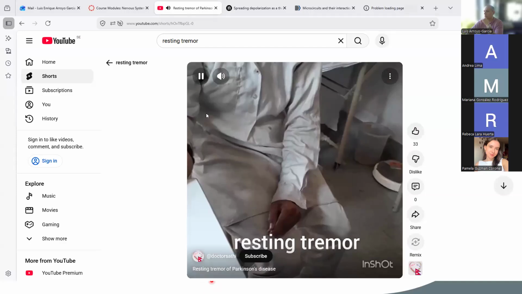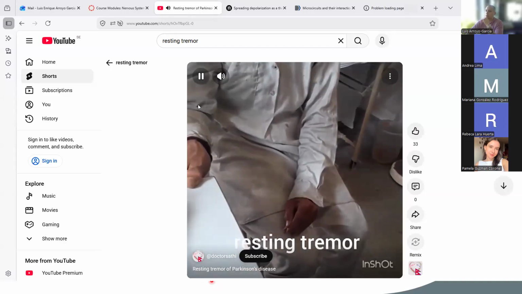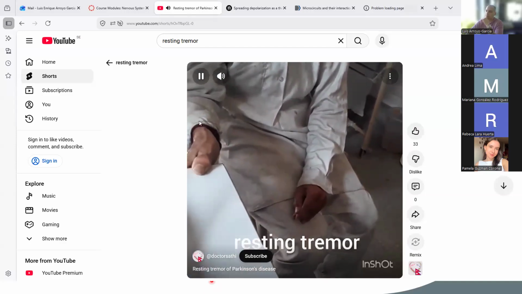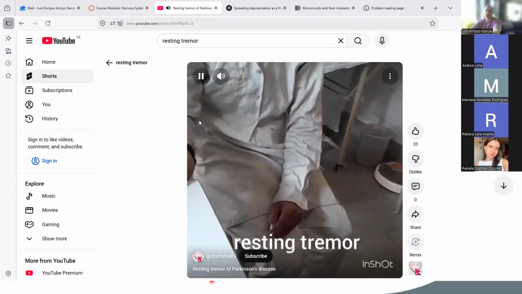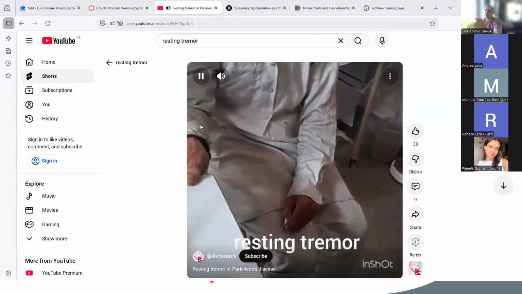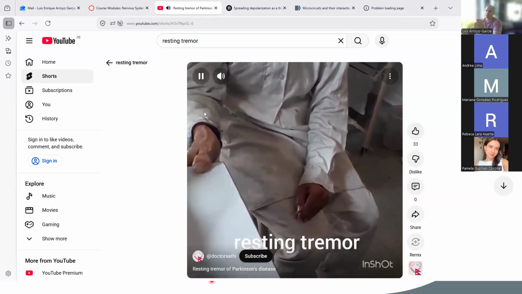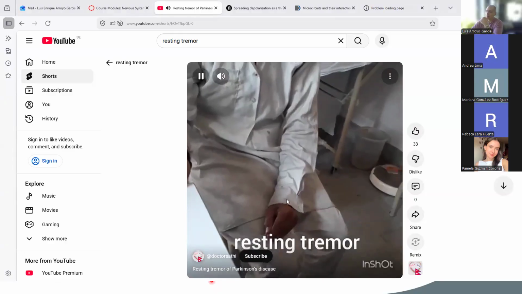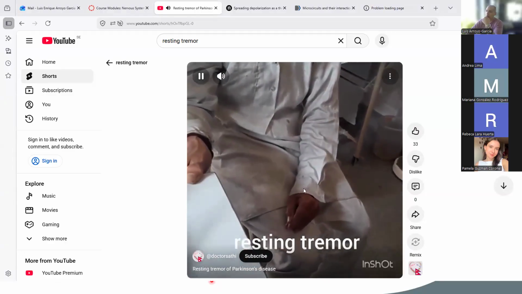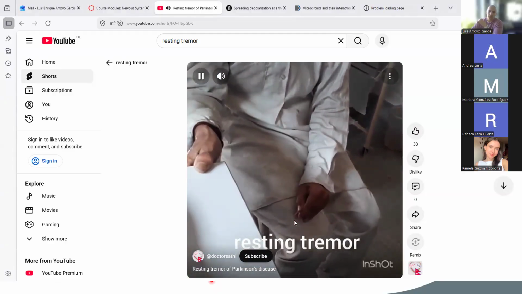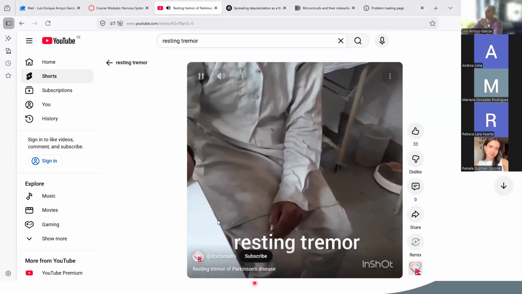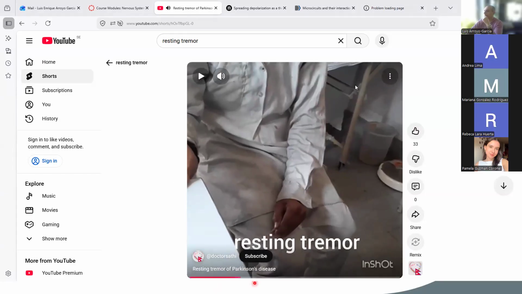This is a voluntary movement, so he knows that he has to keep holding the table, and this arm is not moving, but this arm is moving involuntarily, and that is the resting tremor. Okay.